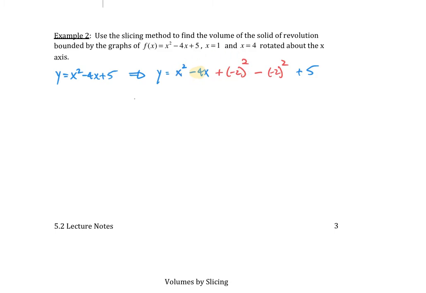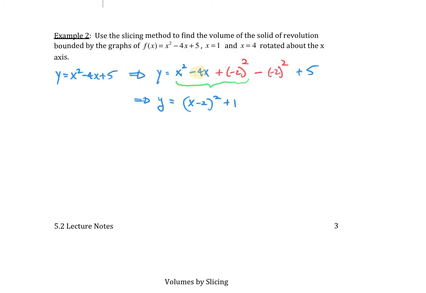So this is going to give me the following. This section factors into x minus 2, quantity squared. And then the rest simplifies to minus 4 plus 5, which gives me a plus 1.